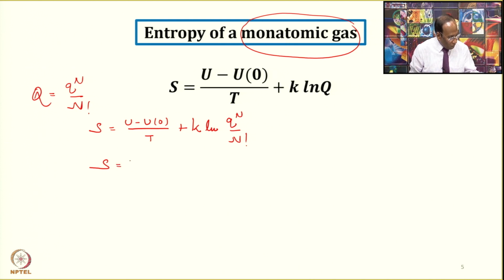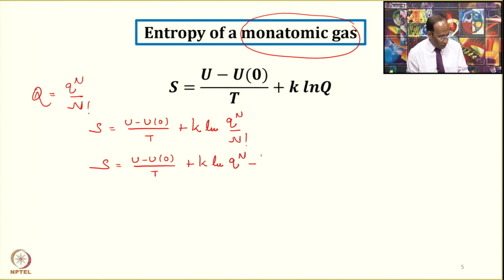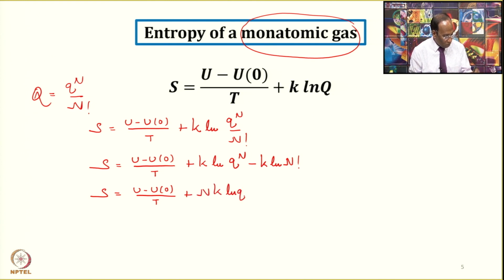Now, let us further expand this. U minus U0 by T plus k log q raised to the power N minus k log N factorial. S is equal to U minus U0 by T plus Nk log q minus k log N factorial.